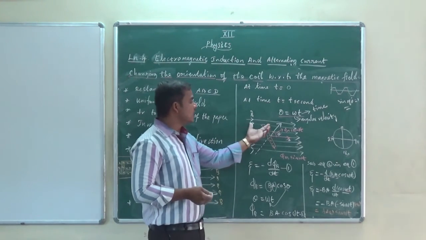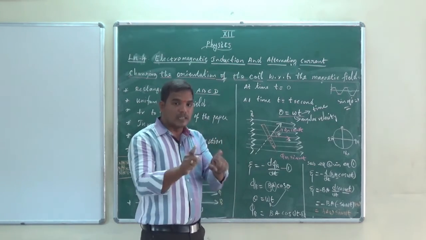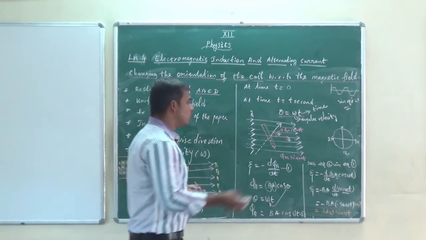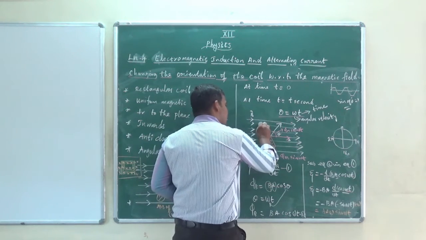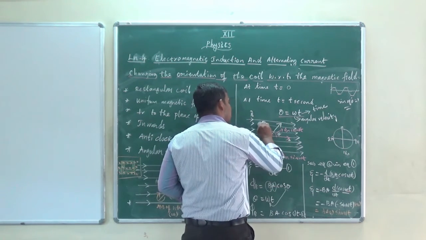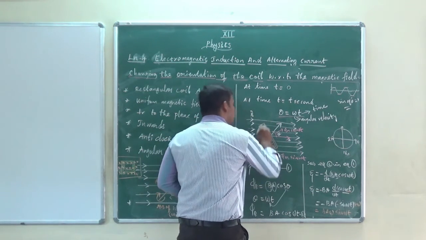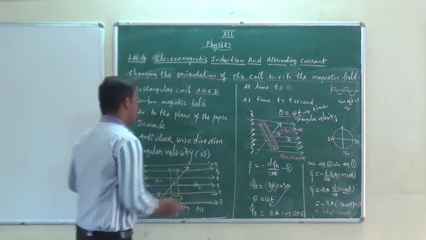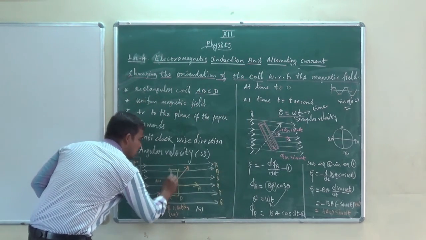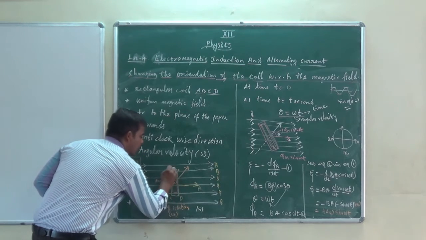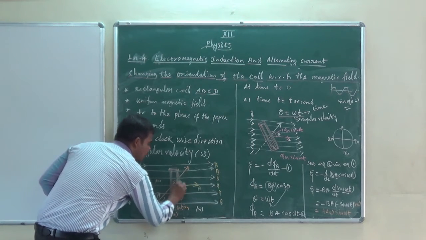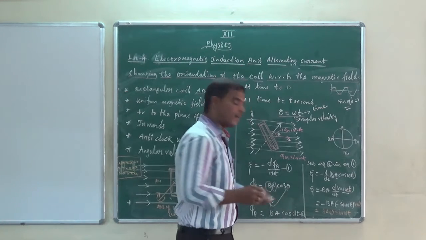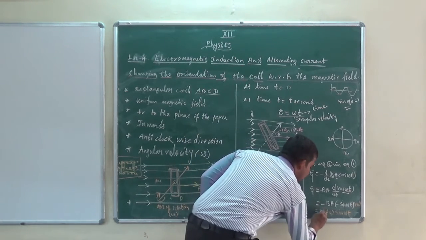Suppose we consider initially that the coil has only one turn. In case the coil consists of a number of turns, we don't know how many, so I show n number of turns. We multiply the induced EMF by the n number of turns.